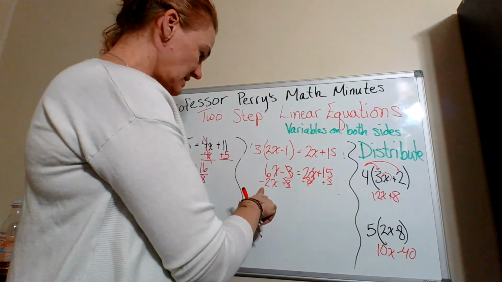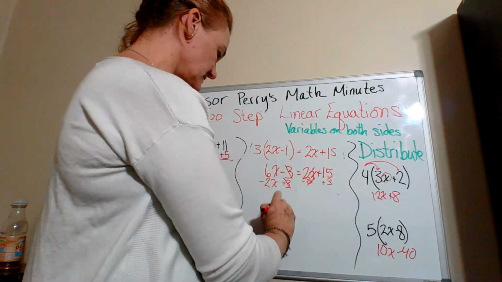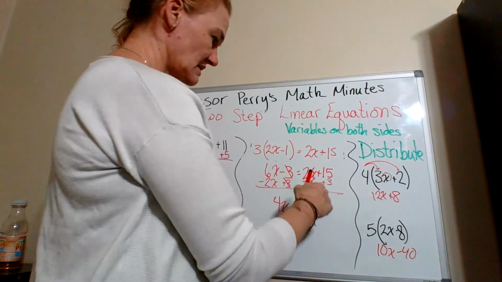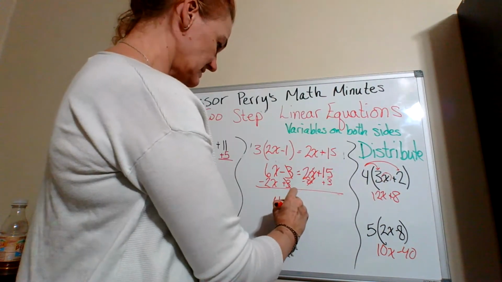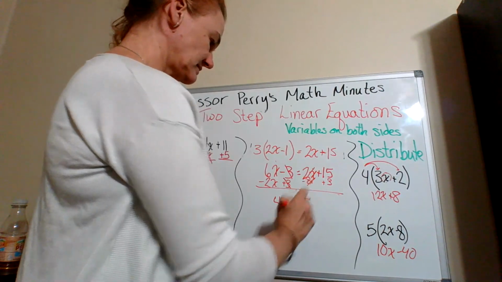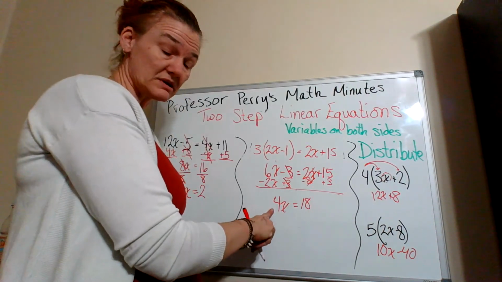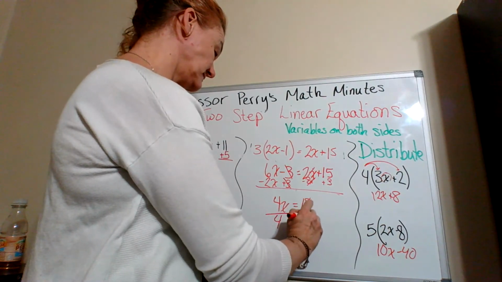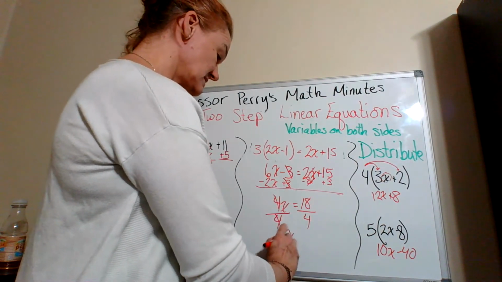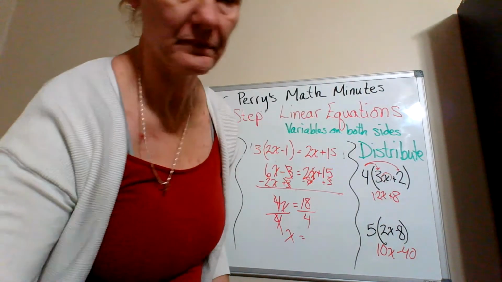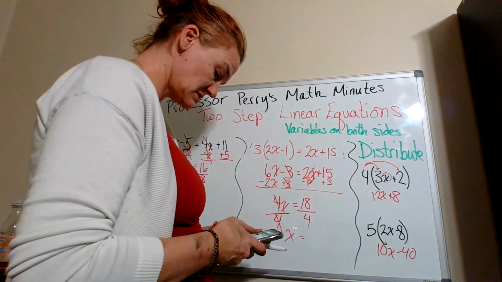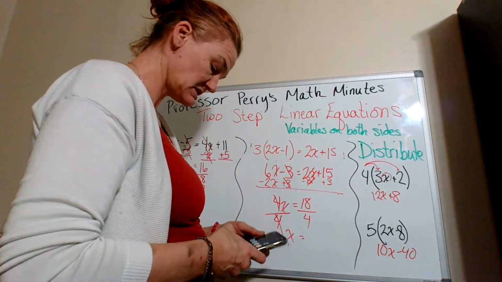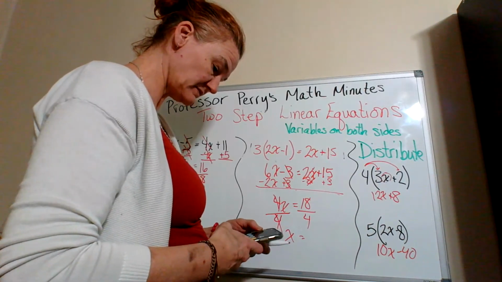So I have 4x left over here. And then I have 18. You're going to divide by 4 because this is multiplying. This cancels. X will equal 18 divided by 4, 4.5.